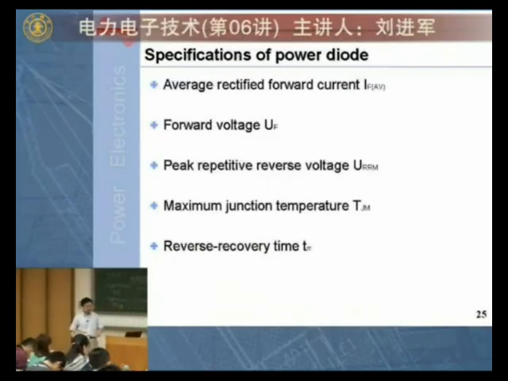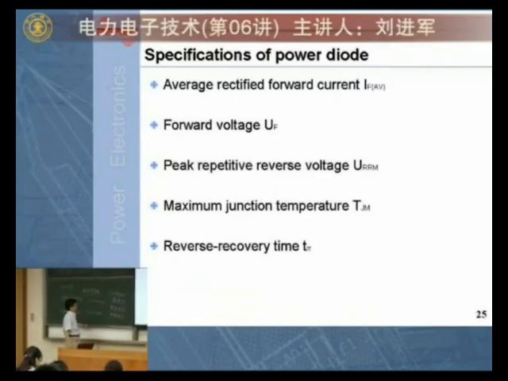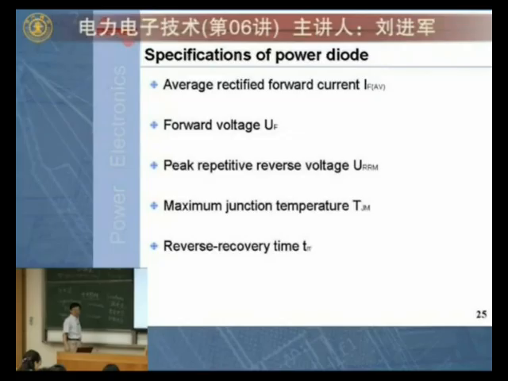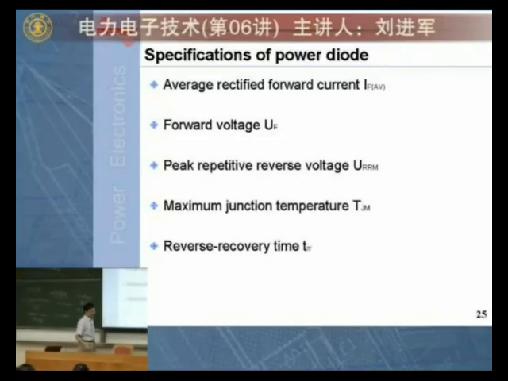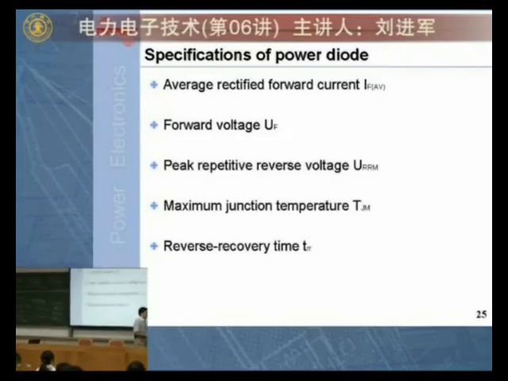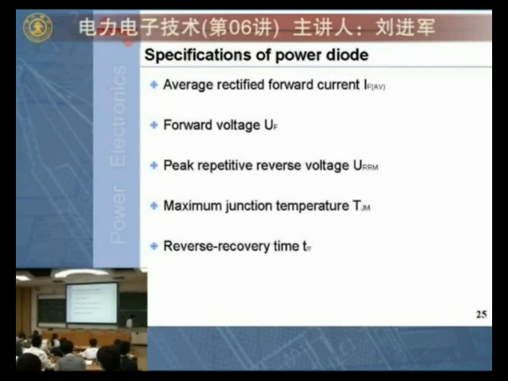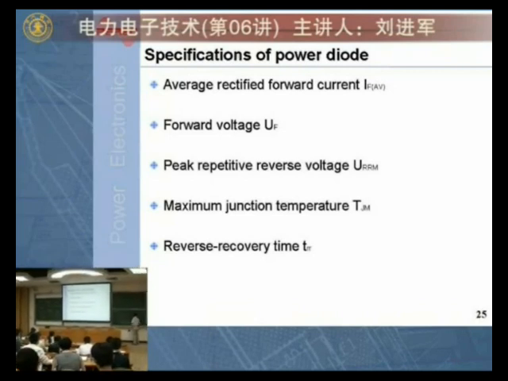Okay, there are some specifications for a power diode. I will not get into the details of the specifications. You read through the lecture notes and the textbook after the class.